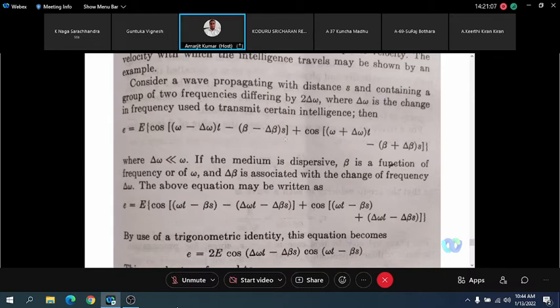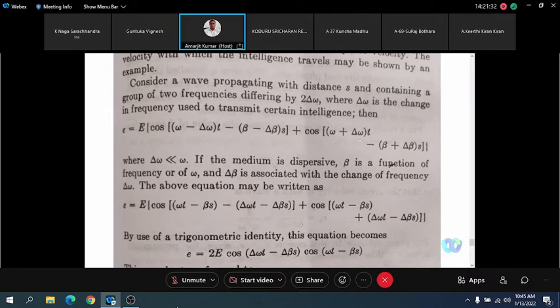Similarly, plus cos omega 2 t minus beta 2 s. Omega 1, omega 2, beta 1, beta 2 correspond to that. So we have omega minus delta omega here, and omega plus delta omega.